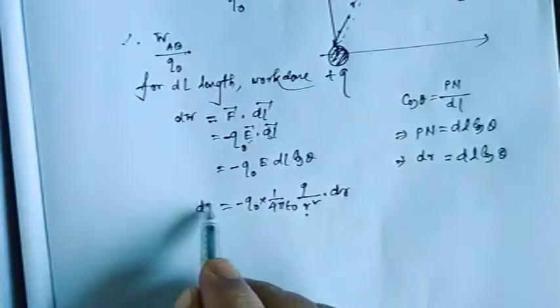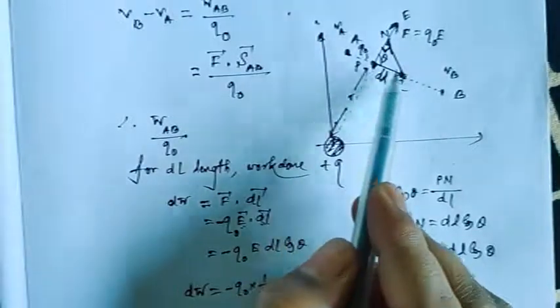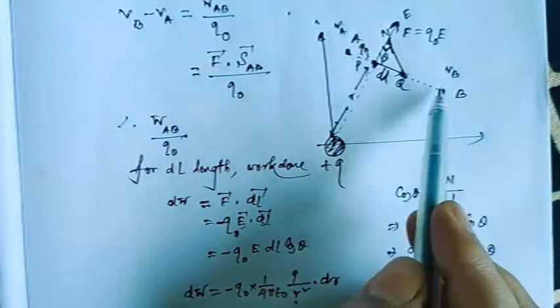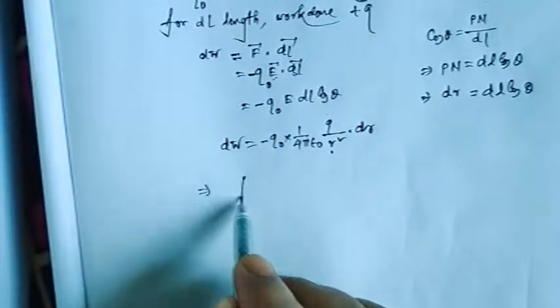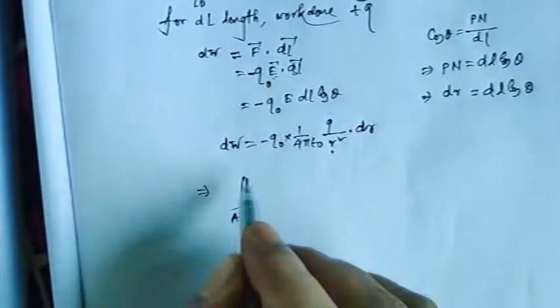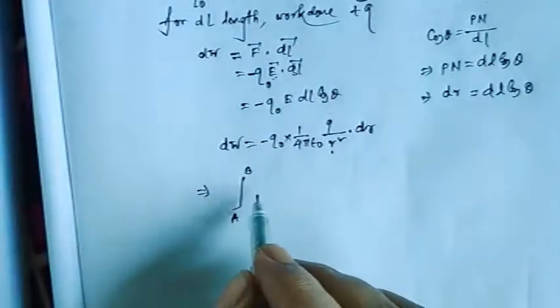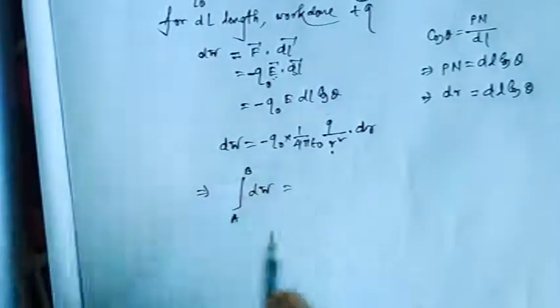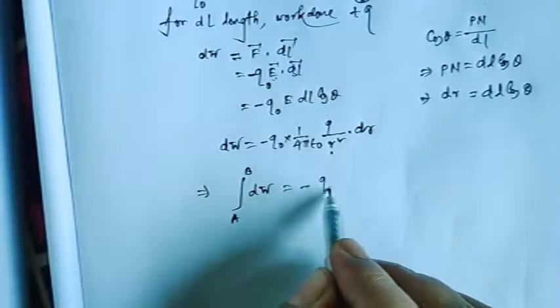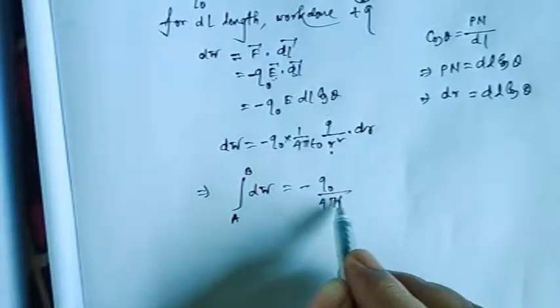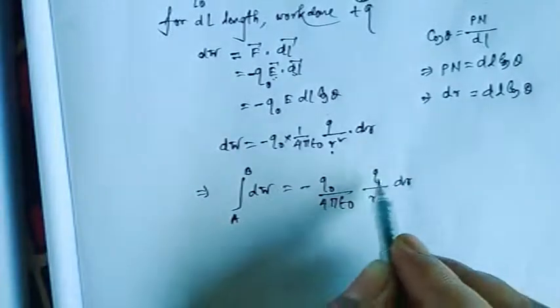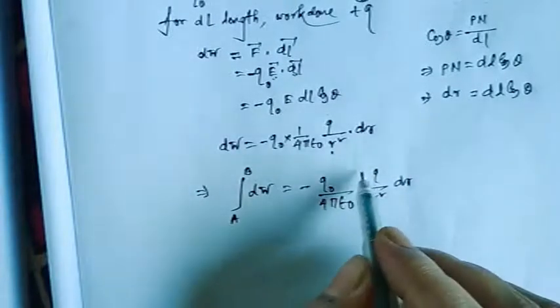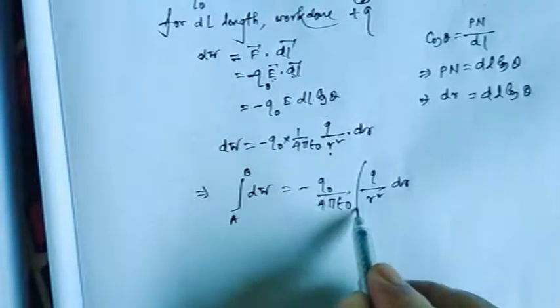So this is the work done for the point P to Q, but we want to find out from A to point B. So total work done will be, from A to B of dw equals minus q naught by 4 pi epsilon naught q by r square of dr. So integration.